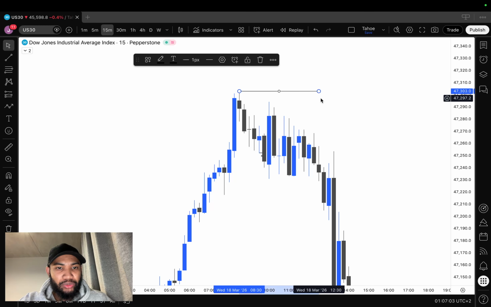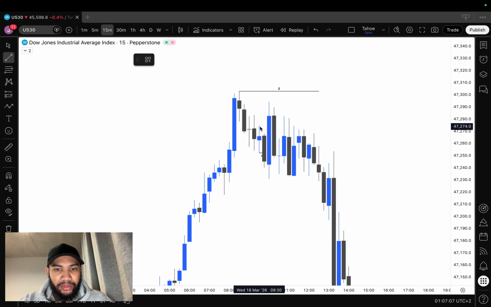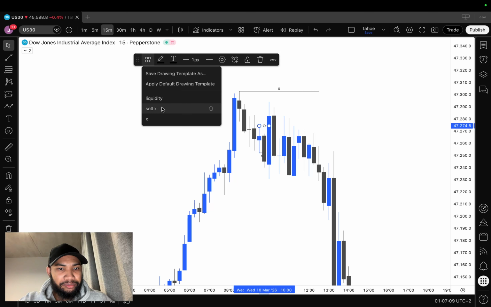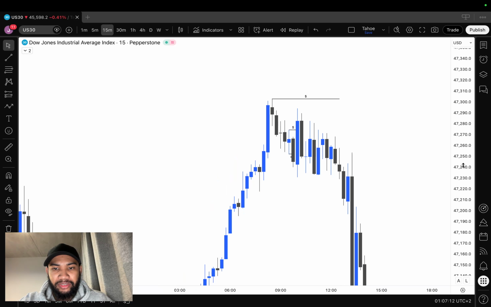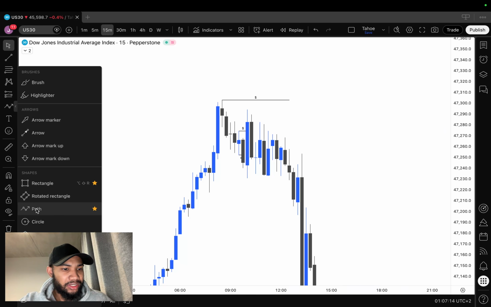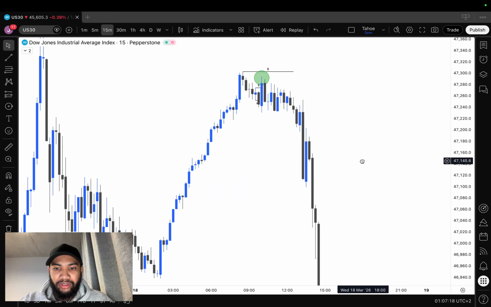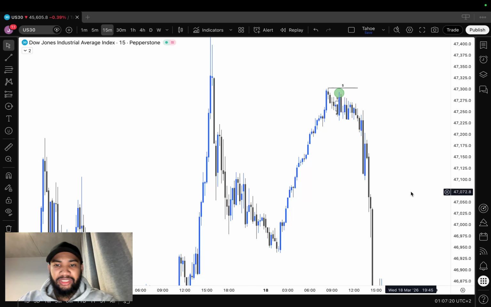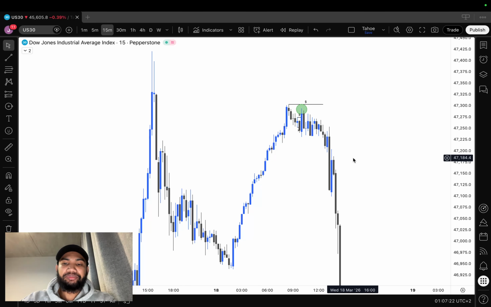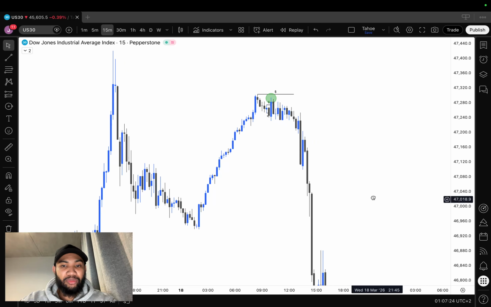Liquidity will be above this high and also above this high. And as you can clearly see, the market immediately takes that one liquidity, and then boom, the market fell. So this is how you can really confirm a market structure shift.